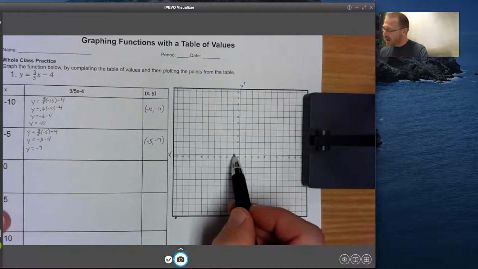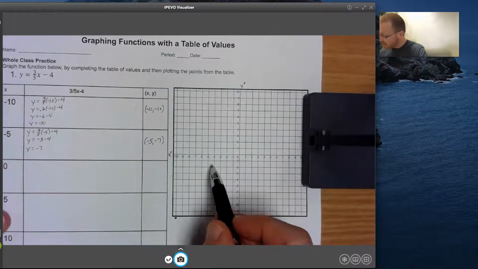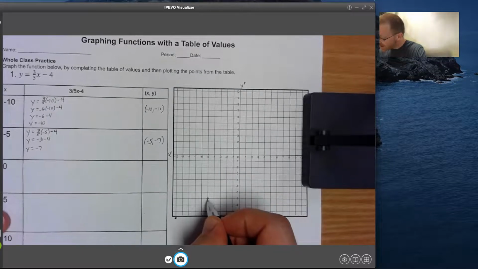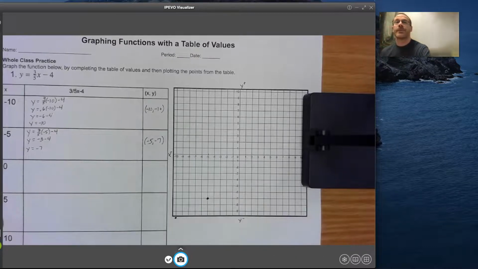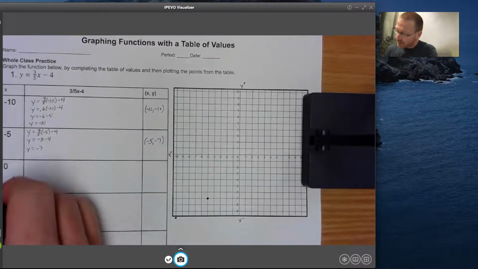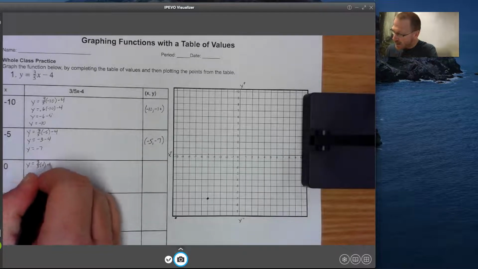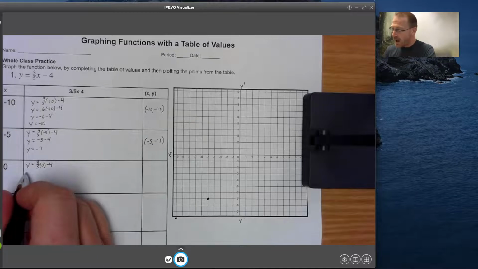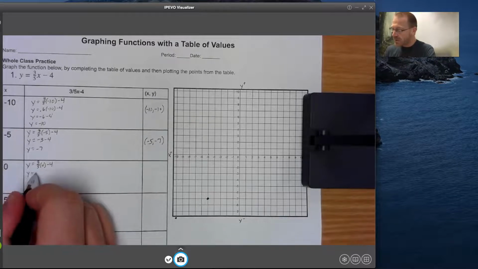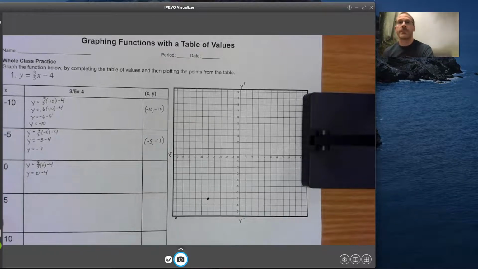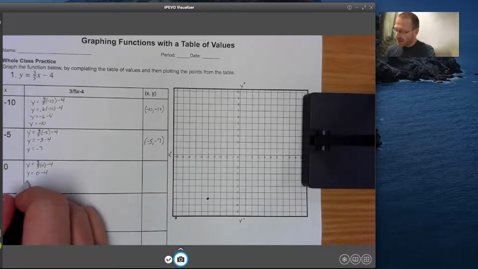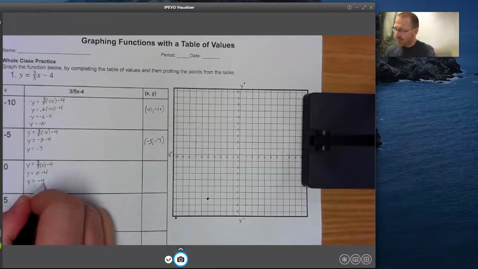So -5 in the x direction, and then -7 in the y direction. That puts me right here. All right, so let's go ahead and do 0. So y equals 3/5 times 0 minus 4. Y equals, now 3/5 times 0 is just 0. And then 0 minus 4 is -4.